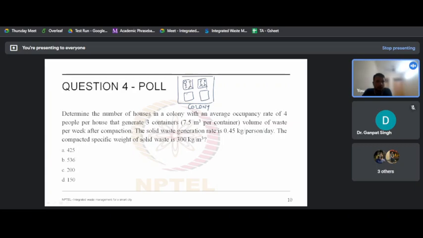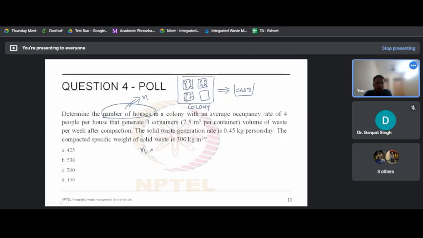There will be an average occupancy rate for each house. Depending upon this, the waste will get generated, and that will be collected in the bin. Here we don't know the number of houses in the colony, so that is the variable we need to find. Let us call it n.